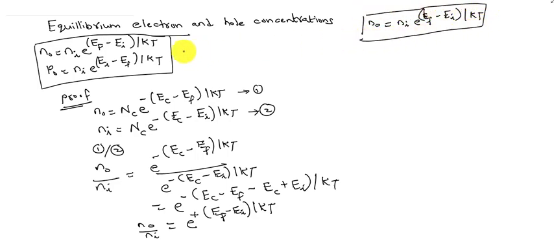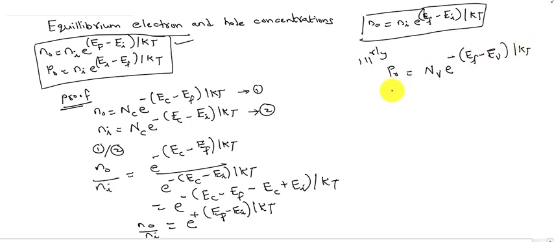So we have proved the first equation. Similarly, we can prove the second equation by taking the expression for the equilibrium carrier concentration for holes, that is p0, which can be written as Nv into e raised to minus of (Ef minus Ev) by kT. For an intrinsic material, p0 will be equal to n0, which will be equal to ni.